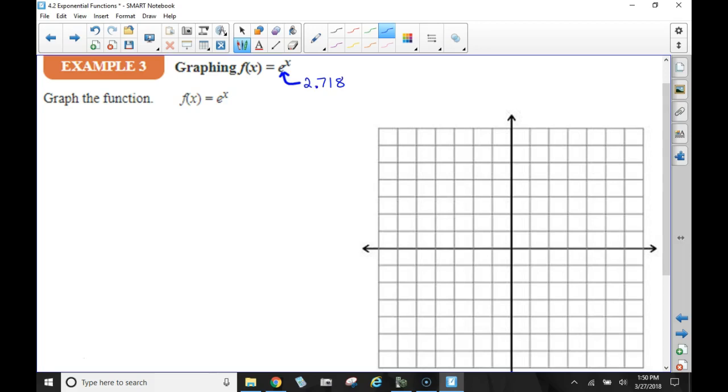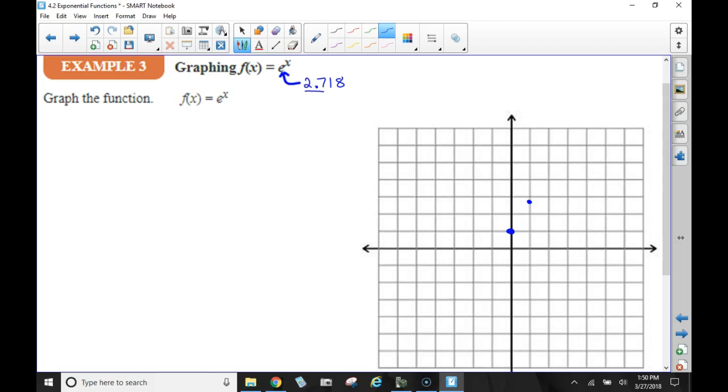If we're going to be graphing this exponential function that has a base that's greater than 1, we already know the shape of this graph. This is going to be an increasing exponential function. It's going to go through the point (0, 1), and (1, e), which is about 2.7. I'm going to eyeball that to be about right there.